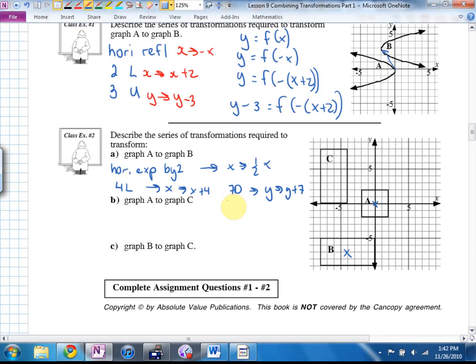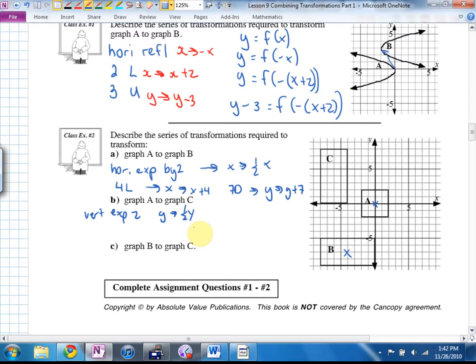Okay? Hey, Luke, how wide is this one compared to this one? Same? What about, has there been a vertical stretch? So vertical expansion by 2, that means they replaced y with 1/2 y. Reflections, I can't tell.